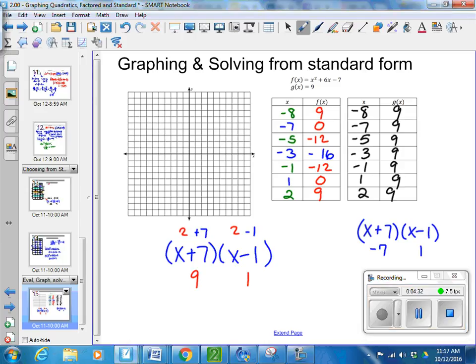Okay, so now that we have our table filled out, we'd be able to graph this. Now, if I want my vertex to show up, I probably shouldn't count by ones on my y-axis. So I'm probably going to scale those by 2s.